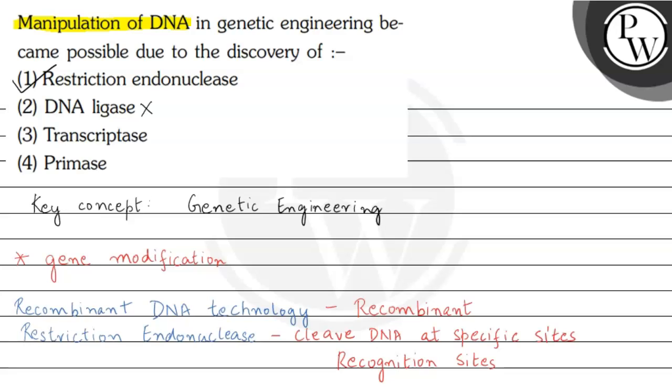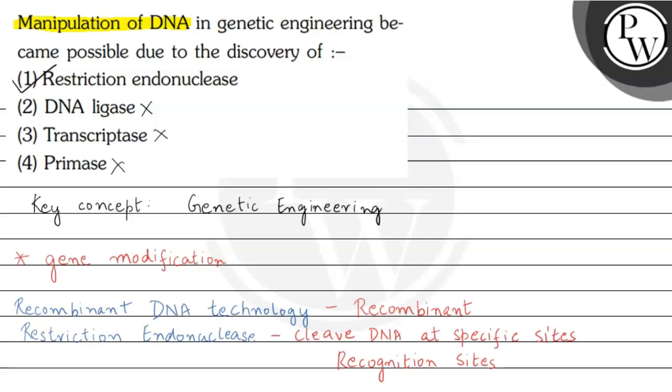So this won't be the answer. Third option is transcriptase. So transcriptase is not involved in recombinant DNA technology. So again, this is not important. And primase is used for formation of primer, which is also not required here in recombinant DNA technology.